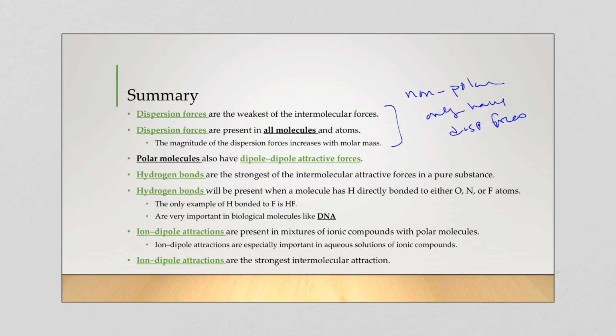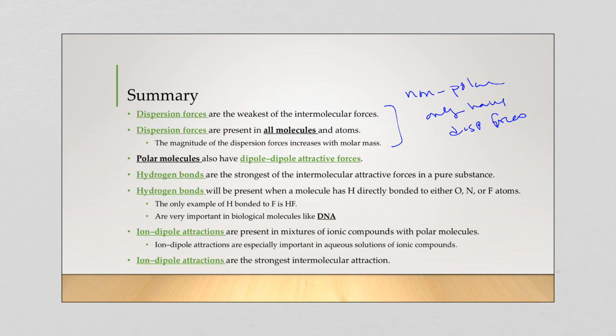Hydrogen bonds also have a special place because they're really important in a lot of biological molecules. DNA, for example, the two strands of the DNA molecule, and there's a picture in the book, or you may discuss this in biology class, right, are held together by hydrogen bonds.